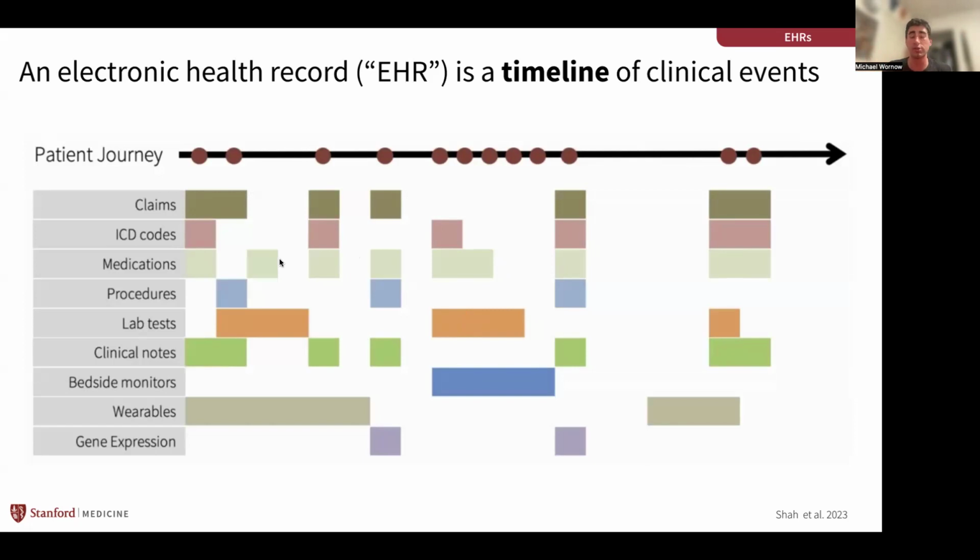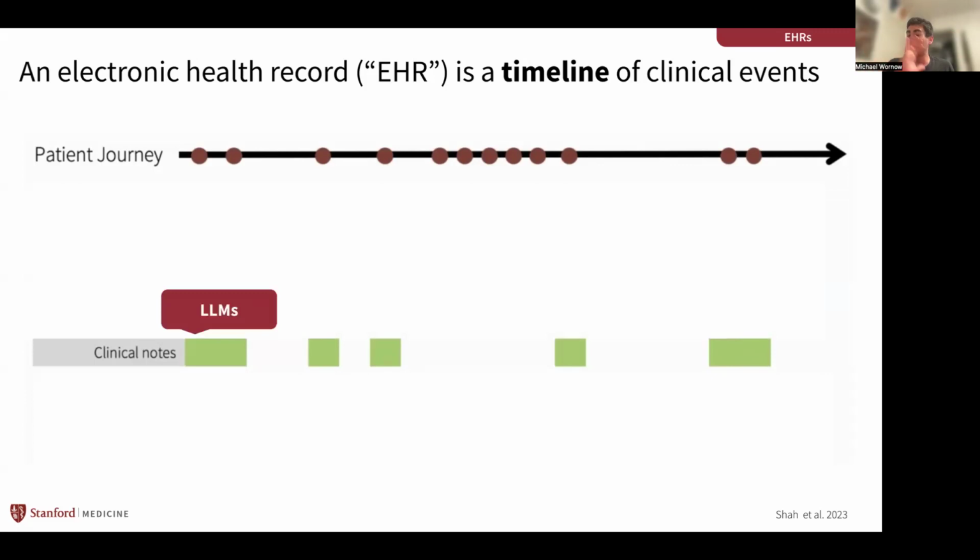There's a lot of different events that could happen to them, like claims, medications, procedures, notes are written, vital signs measured, but all these exist in some sort of chronological ordering. There's a disease trajectory over time. And so this is how we think about modeling this sort of structured data.